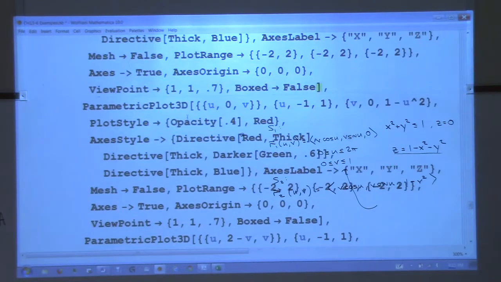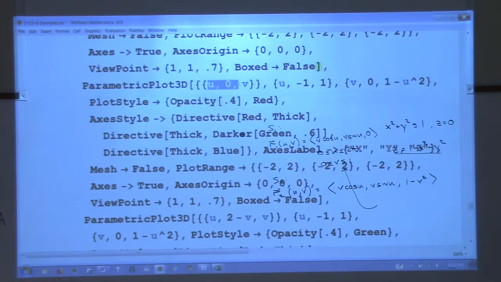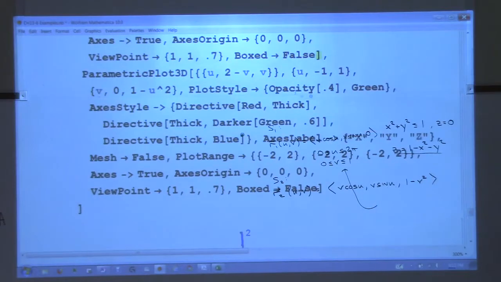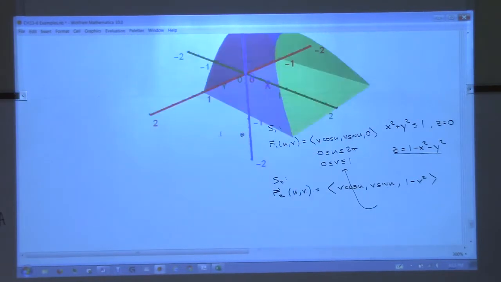The next one is this one right here, u, 0, v, u between negative 1 and 1, v between 0 and 1 minus u squared. And then the last one is u, 2 minus v, and v, u between negative 1 and 1, v between 0 and 1 minus u squared. So those are the three parametric surfaces.